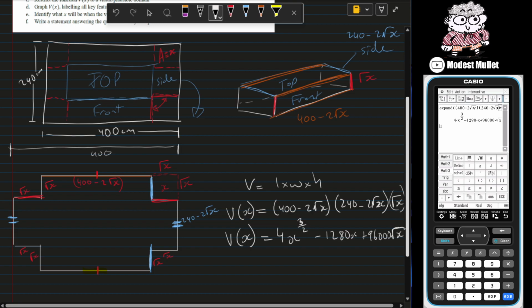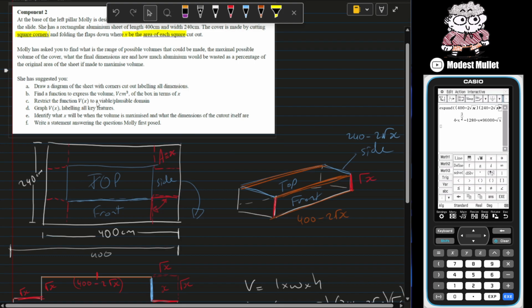Or we could also rewrite it, if you really wanted to, as 4x to the 3 on 2 minus 1280x to the 2 on 2 plus, because 2 on 2 is still 1, 96000 x to the half. Either way is fine, but there's our function for the volume.